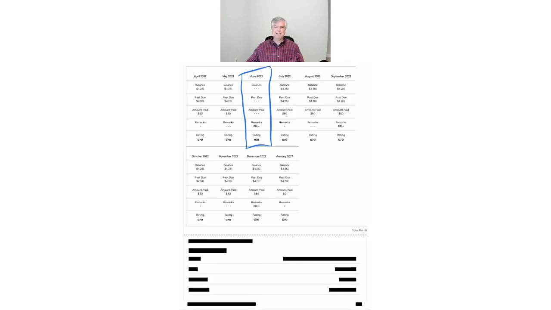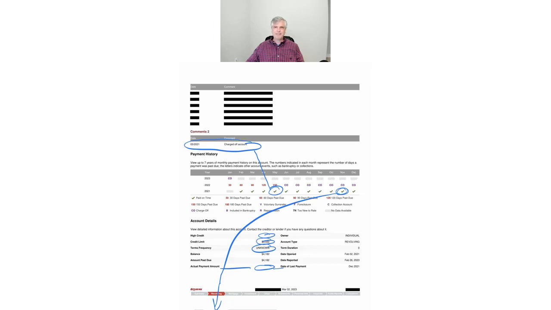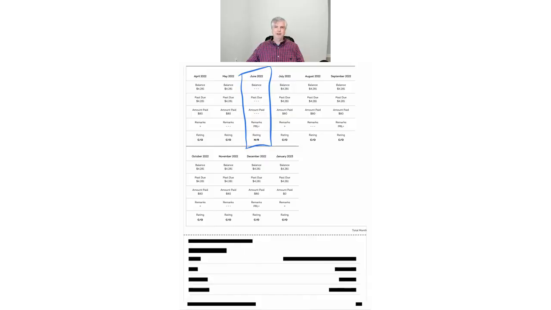If we go back to, for example, this Equifax, this is the payment history. So it's just the rating. Are you current? Are you 30, 60, 90, 120, et cetera? Other times by payment history, they may mean something like with TransUnion, where it's this balance, past due, amount paid, remarks, rating. Sometimes this is called the trended data or the historical data.